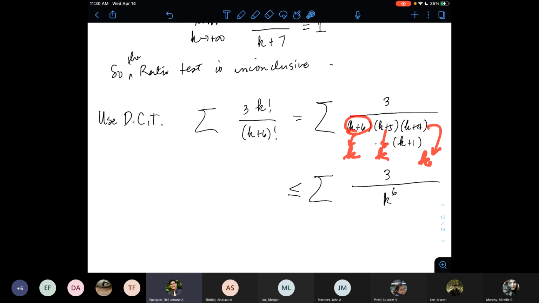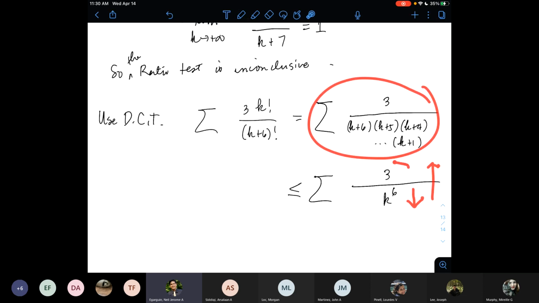So in all, the new denominator will be smaller than the previous denominator. And if you have a smaller denominator, the fraction is much larger. So that means this series here will be smaller than this series.